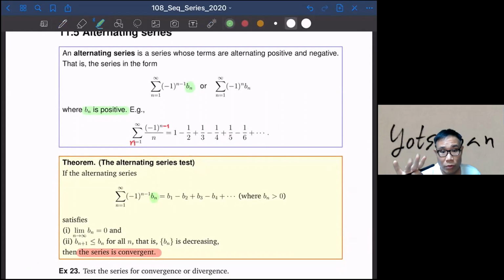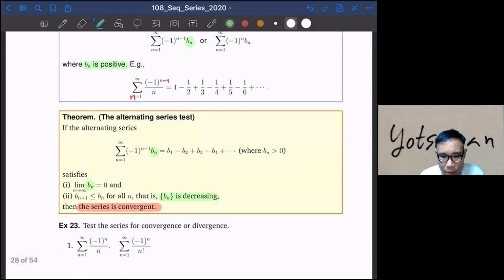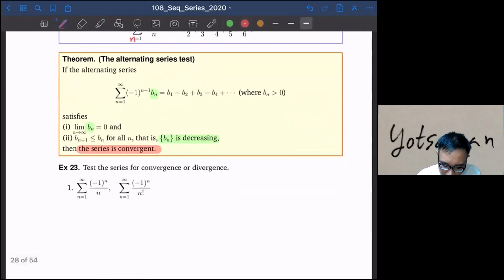You can just ignore (-1)^(n-1) or (-1)^n and work only on the sequence bn. You need to check that the limit as n goes to infinity of bn is equal to 0, and also that the sequence bn is decreasing.